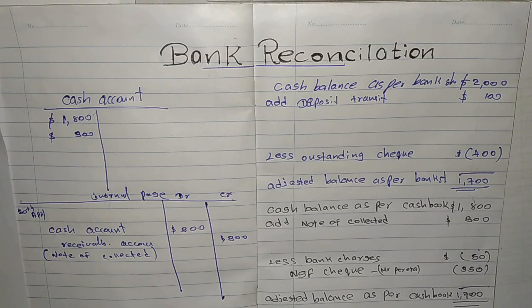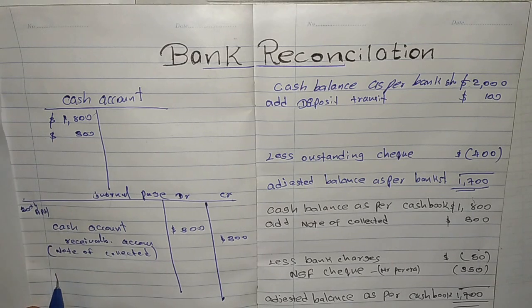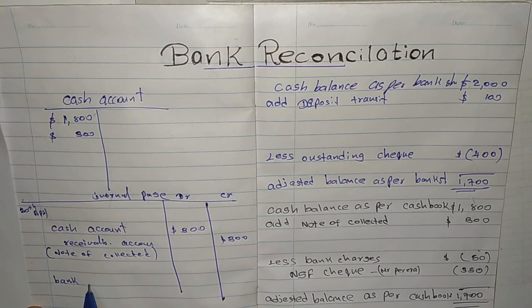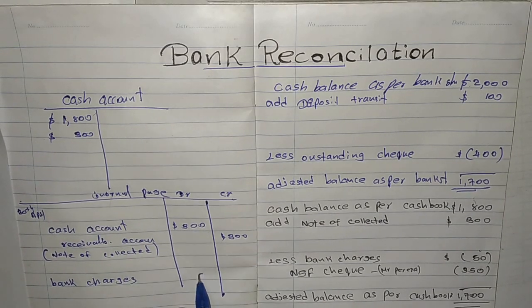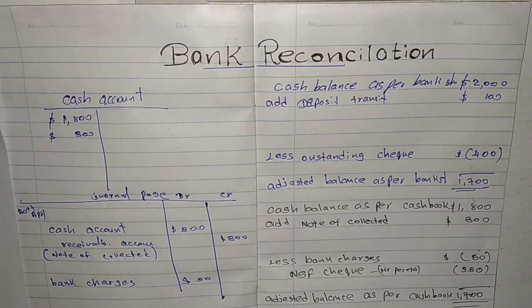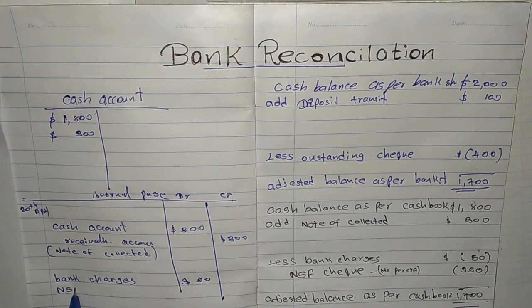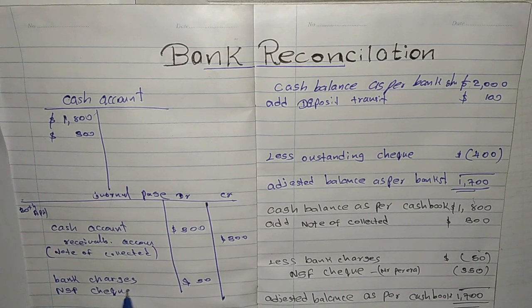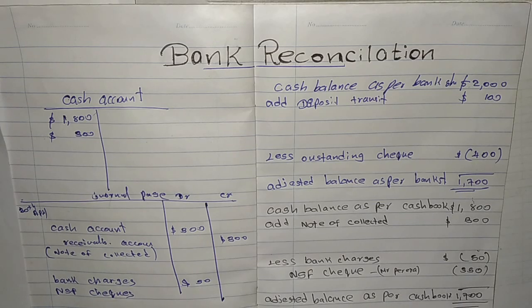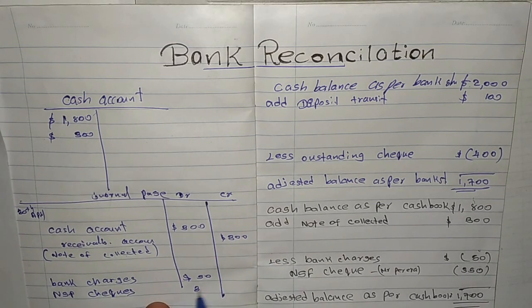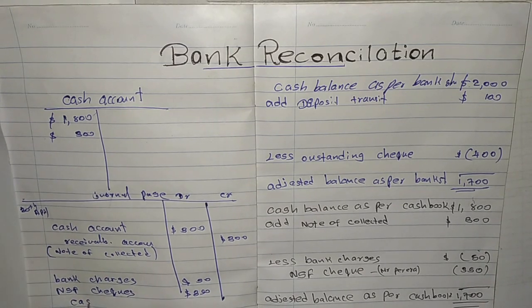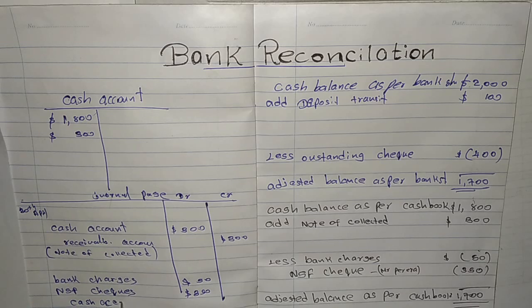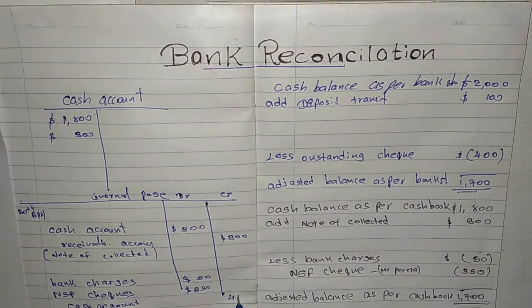The first one is for the bank charges, $50, and the NSF check, $350. NSF means non-sufficient funds. And the cash account credit $400.